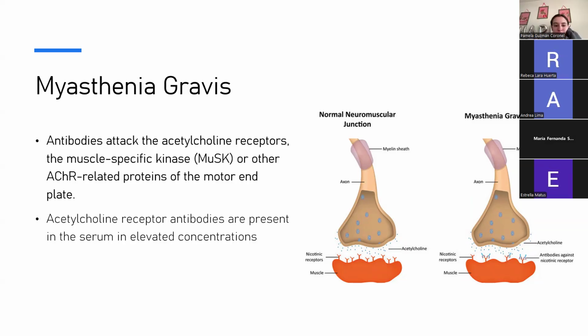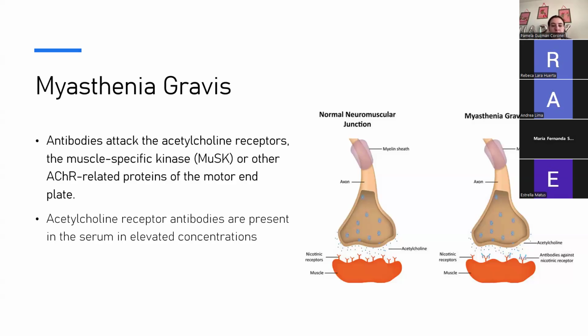That's perfect. One thing: it's not actually destroying them at this point, but this is exactly so. What the antibodies do is just block. They can also attack the receptors, but one of the main things is that they block the receptor, so the acetylcholine cannot bind.